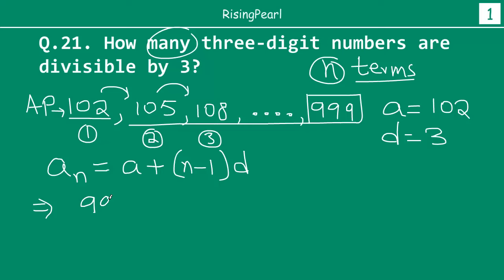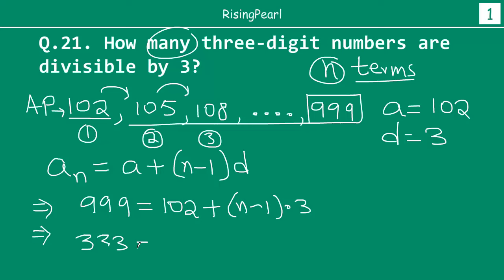So 999 is equal to a, which is 102, the first term, plus n minus 1 times d, which is 3. Here we can divide both sides by 3. So this side will be 333, and this one will be 34, plus the 3 will cancel off, so we will have 1 times n minus 1, which is plus n minus 1. And let's do it here.